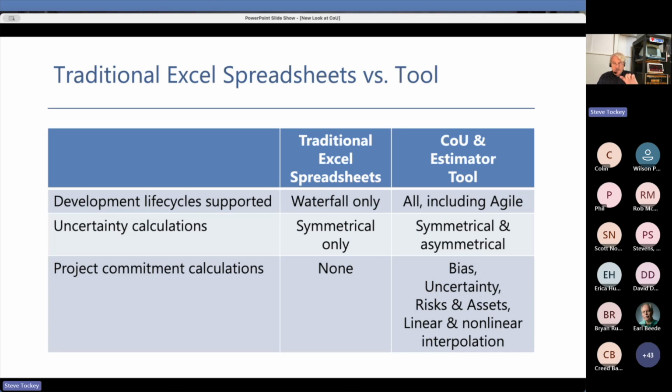It only did Gaussian standard deviations, which I refer to as symmetrical mode, and it wouldn't allow me to automate the project commitment calculations like I just walked through. The point of this tool is that it does support all different life cycles, including Agile. It does the symmetrical Gaussian, but then it approximates the beta using a technique that we'll look at and that I'm calling, quote, asymmetrical, and it does the commitment calculations.